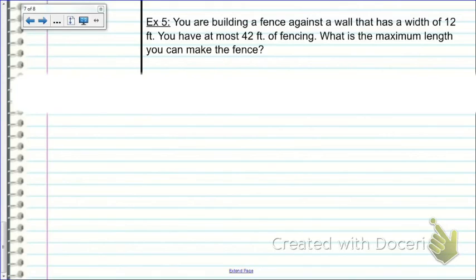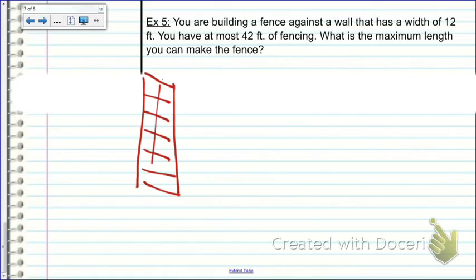So, here's my wall. Let's make it red because obviously it's going to be a brick wall. So here's my wall. Like the wall is going up and I'm using part of the wall as the back of my fence. Okay, so that's my wall.